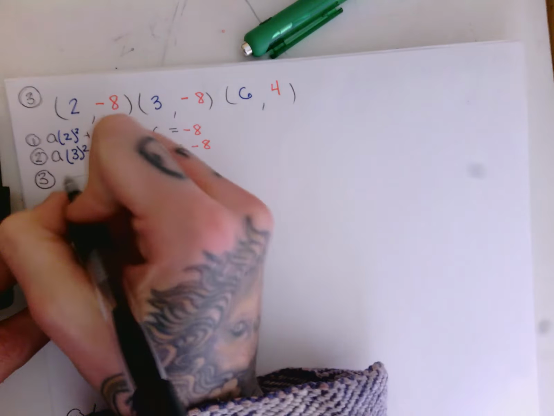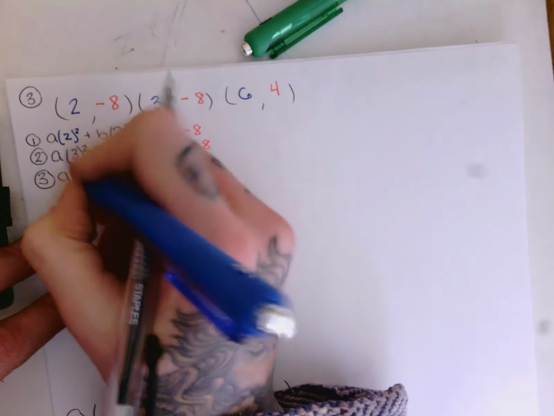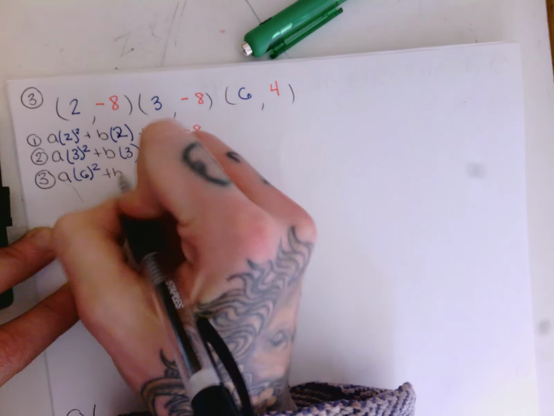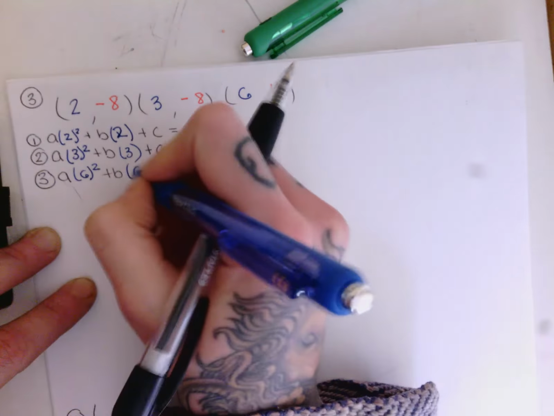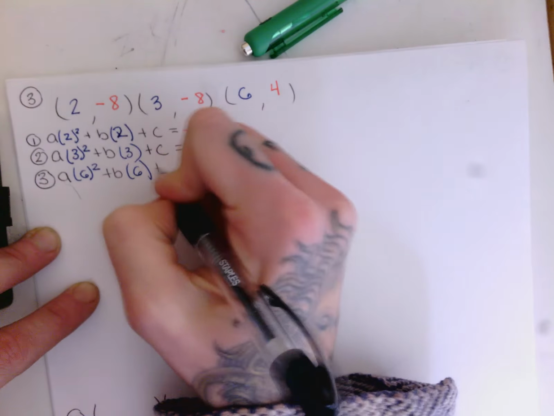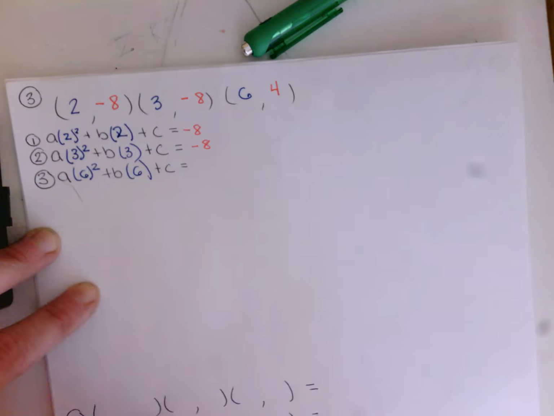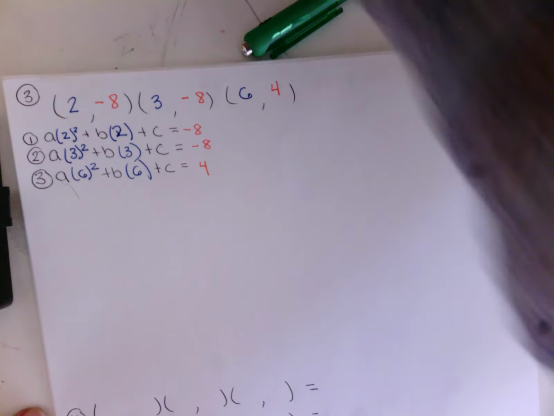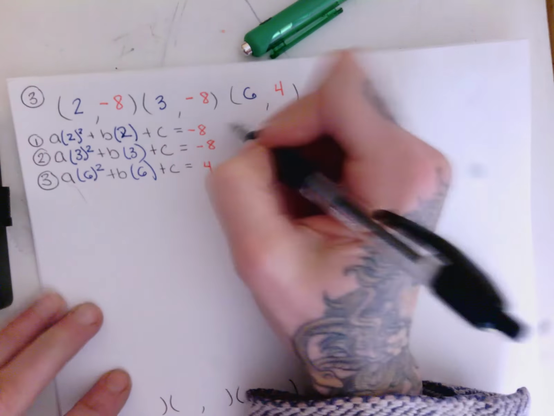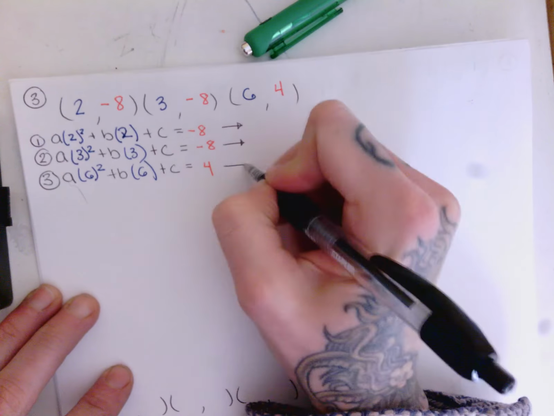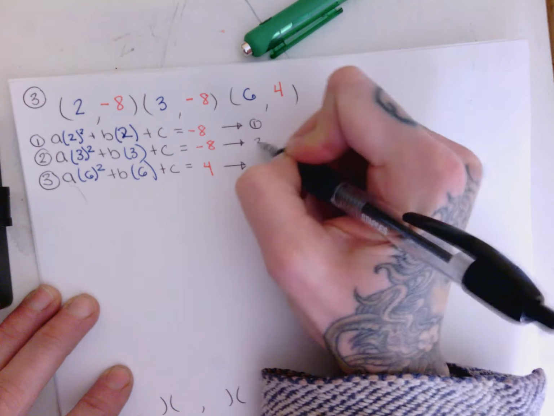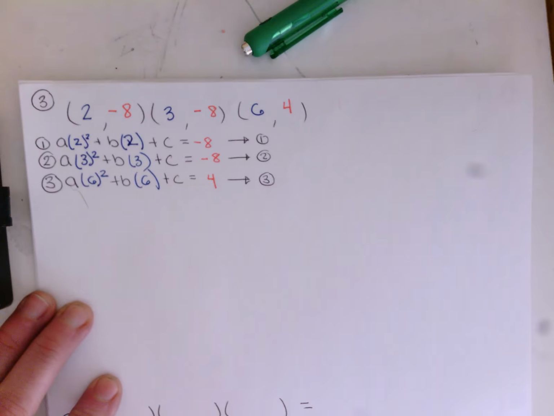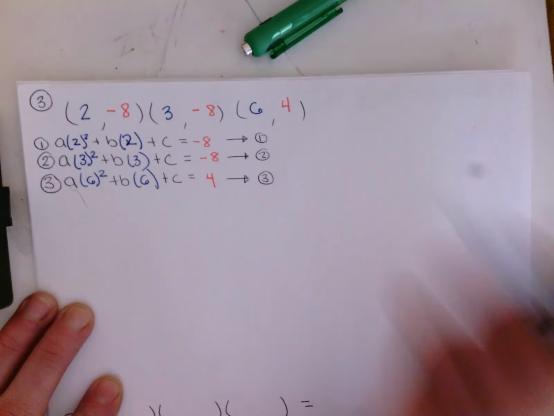And lastly, for the last point, ax squared plus bx plus c equals 4. We need to square those quadratic coefficients. So let's tidy up these equations, and keeping them labeled again just to create an environment where you're not going to be so stressed out when you make a mistake.